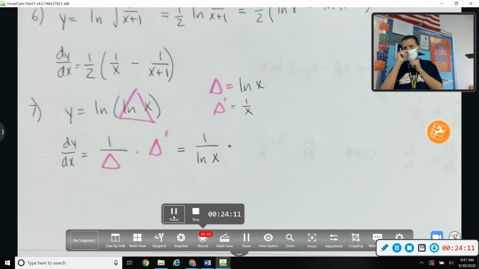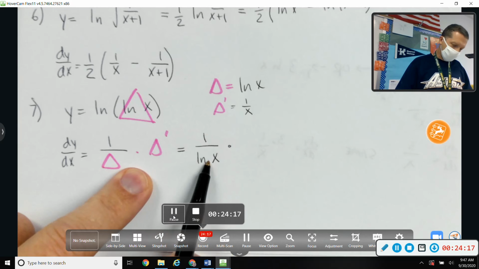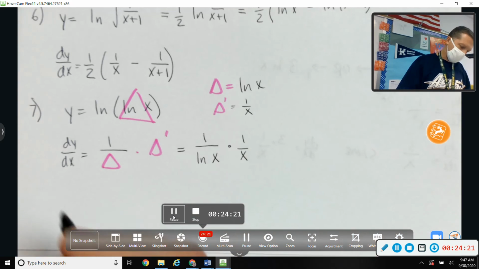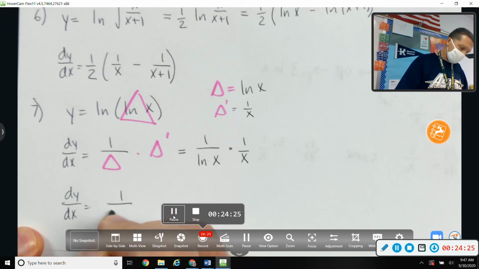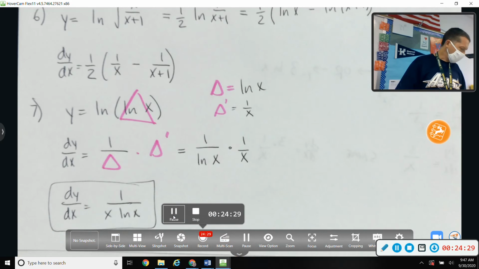So this nested natural log thing, 1 over the pink triangle, 1 over natural log, times the derivative of natural log, 1 over x. And then just kind of cleaning things up a little bit, 1 over x ln x.